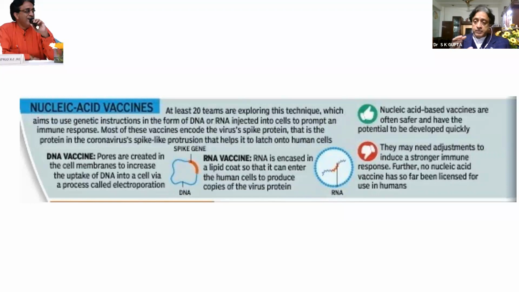And mRNA can be encased into lipid nanoparticles, and these lipid nanoparticles can be injected into the human body. Once they fuse with the cells, they start producing the spike proteins, and the body develops an immune response against them, and we are able to have good immunity, neutralizing antibodies and other binding antibodies.